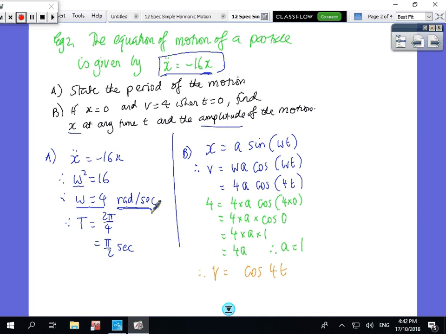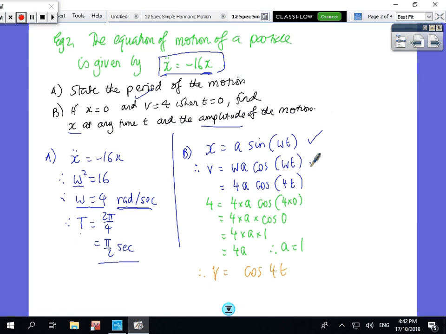The first thing we need to do is find the period. The period is 2 pi over omega, which is just pi on 2, so that's the period. Now to find the rest of it, we've got to do a little bit of equation solving. From the first video, displacement equals a sine omega t, and velocity equals a omega times cos omega t.